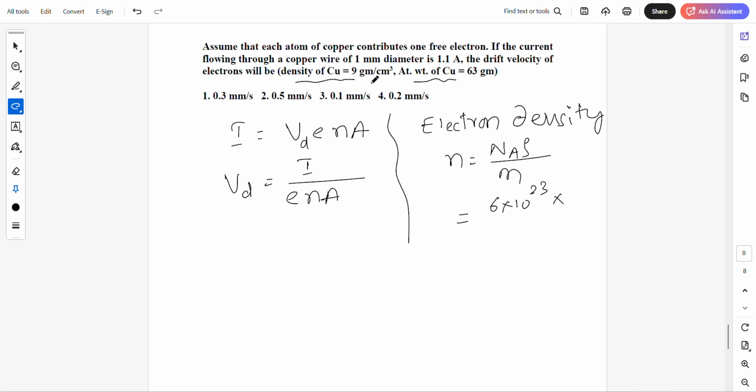Density they have given is 9 gram per cc. You have to convert that into 9 into 10 to the power of minus 3 into 10 to the power of plus 6, divided by the atomic mass, 63 into 10 to the power of minus 3.